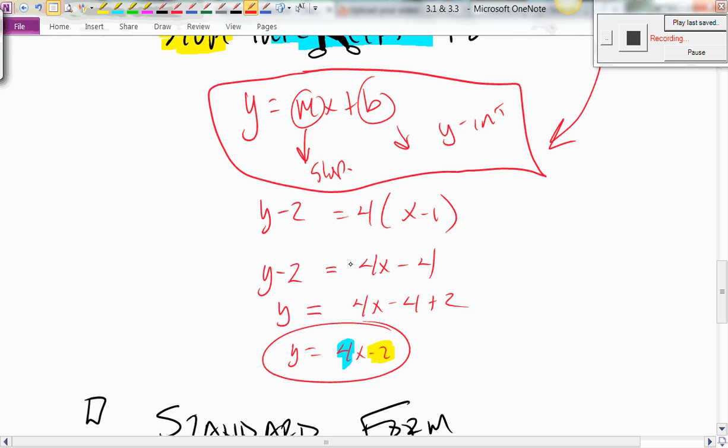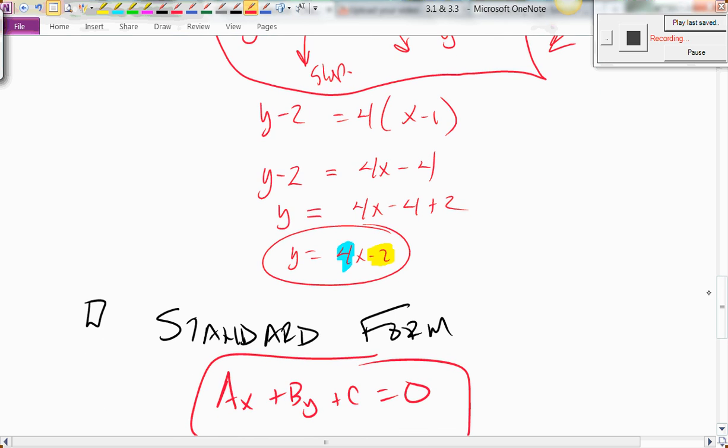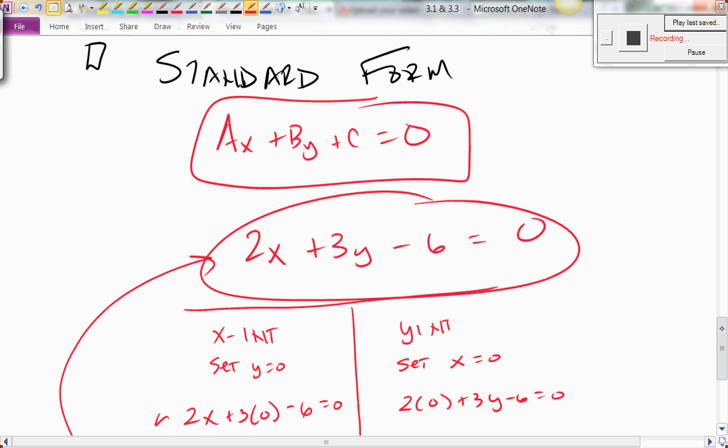So y minus 2 equals 4x minus 4. Add the 2 over, and you get y equals 4x minus 2. So we came up with the slope is still the 4, and the y-intercept was negative 2. And then we graphed that using our calculators, and we saw that the slope was indeed 4, and the y-intercept was negative 2.